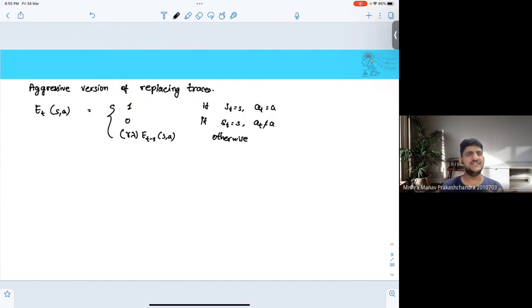SARSA is an on-policy method wherein the next action that is selected is an exploratory action. Whereas Q-learning is an off-policy method, and the action that I select is necessarily the max possible action.